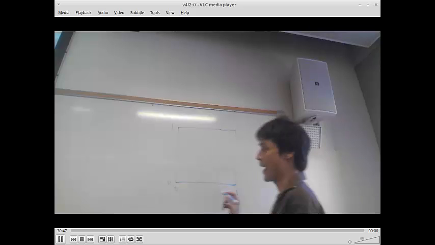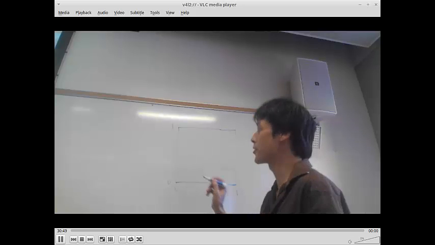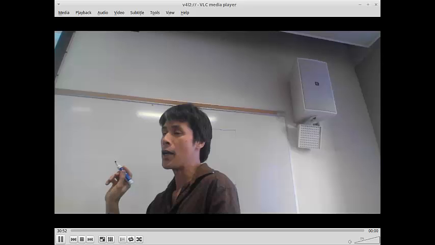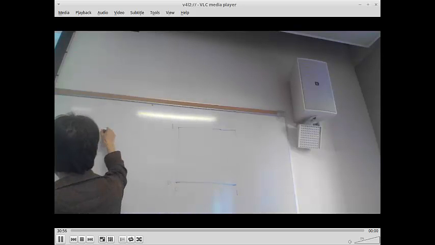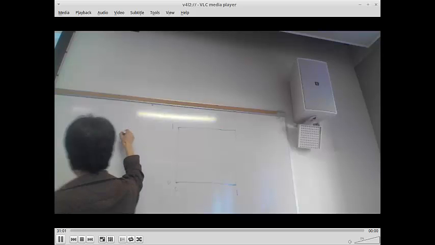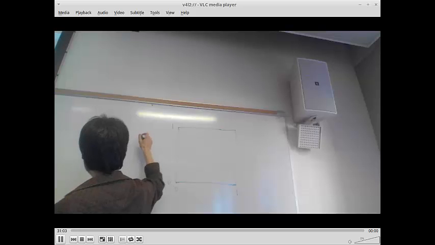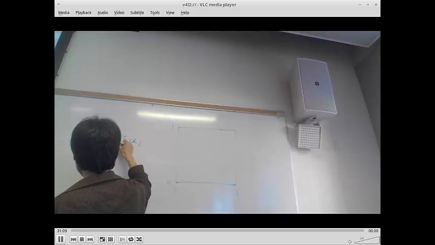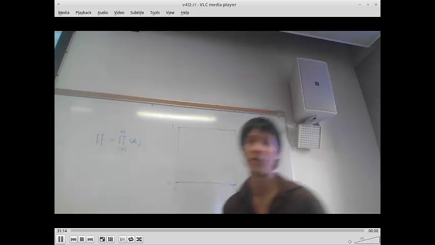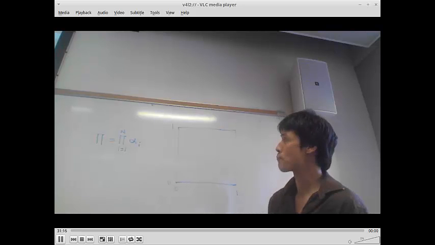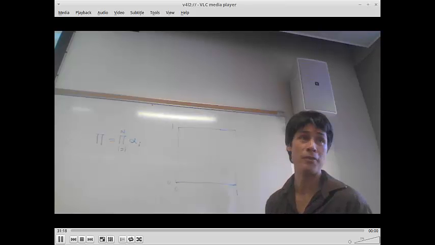Let's define a random variable that I'm going to call pi, which is the product of our individual p-values, alpha sub i, with i going from 1 to n, over the set of our 10 p-values.